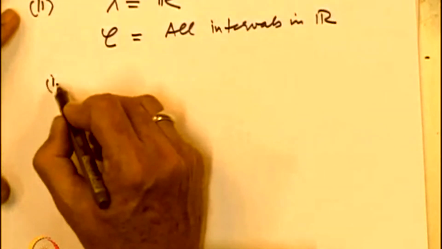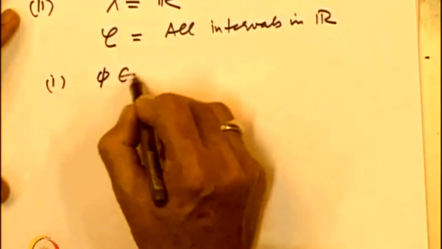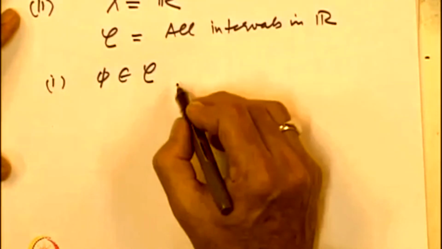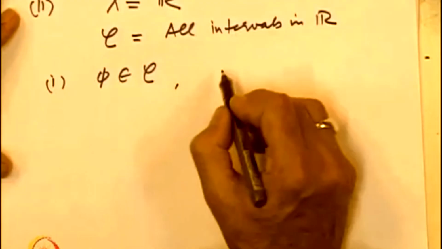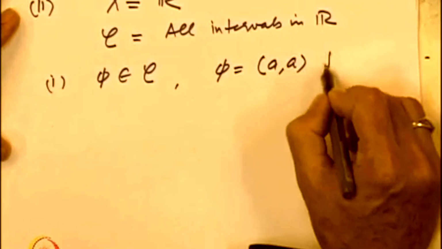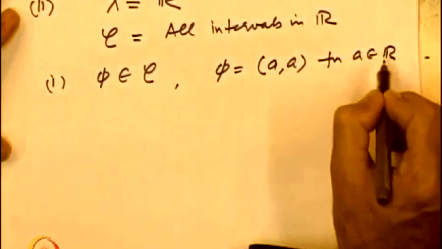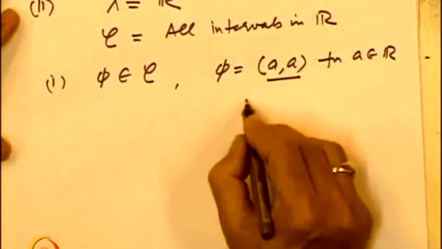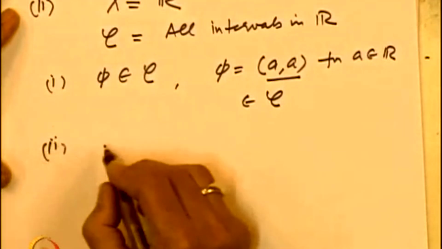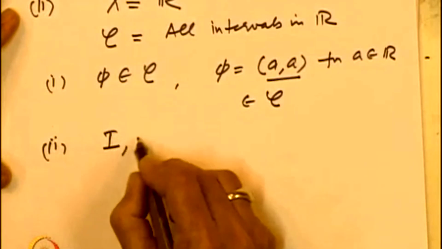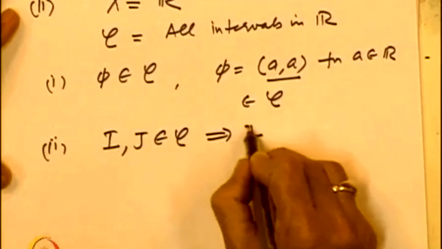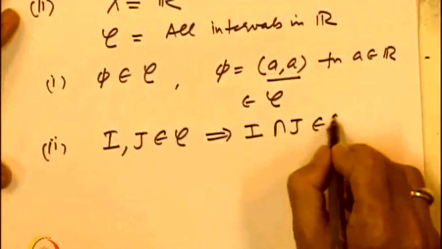So first property, is the empty set a member of C? Well, here you will have to understand, of course, yes, one way of looking at it is that the empty set can be written as the open interval (a, a) for any point a belonging to R, and that is an interval, so that belongs to the collection C. Second property, let us take two intervals I and J belonging to C. So does this imply I intersection J belongs to C?